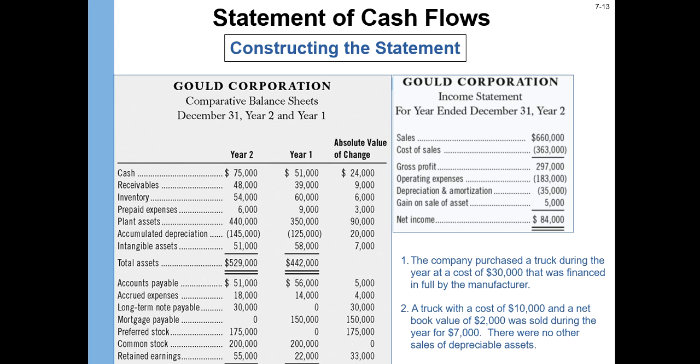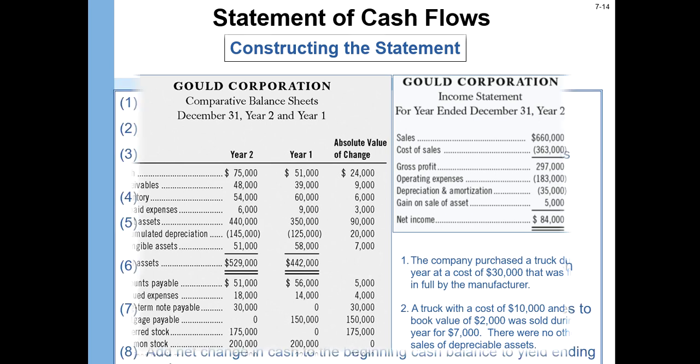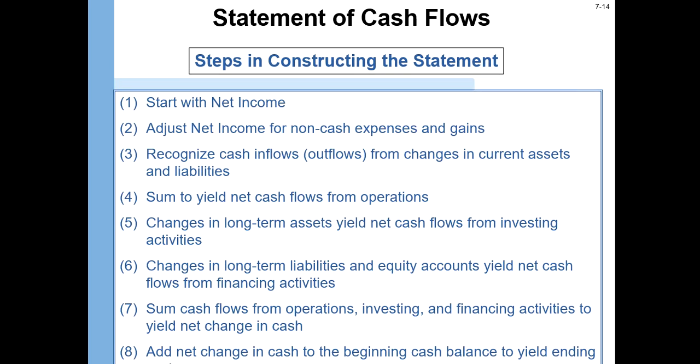So they sold an asset that had depreciation, and they raised some money. Dividends paid during year 2 are $51,000. Actually, this would go to the retained earnings account.